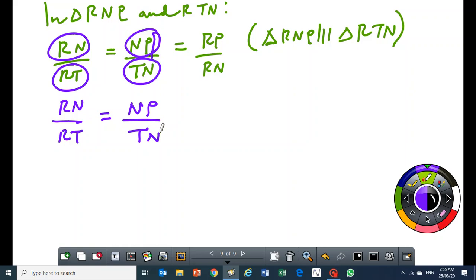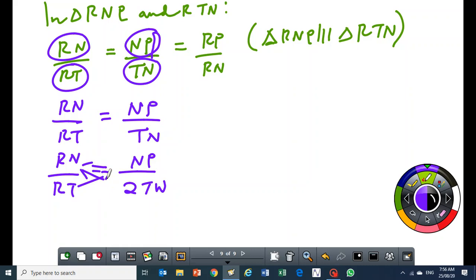But we already know that TN is 2 times TW. So I can write this as RN over RT equal to NP over 2TW. But how are we supposed to show it? Just swap these two, cross multiply, or I can just leave these two there. I hope you understand. So I'll cross multiply like that, but I'll multiply by the TW and leave the 2 there. If I do that, I'll get TW times RN is equal to a half times RT times NP. And then we are done.